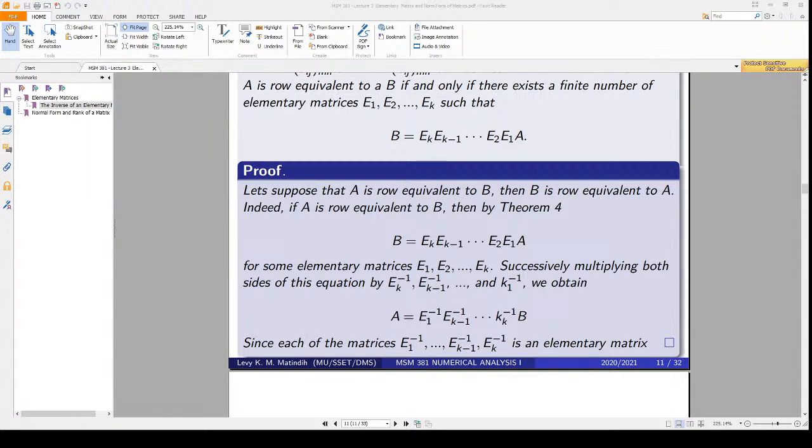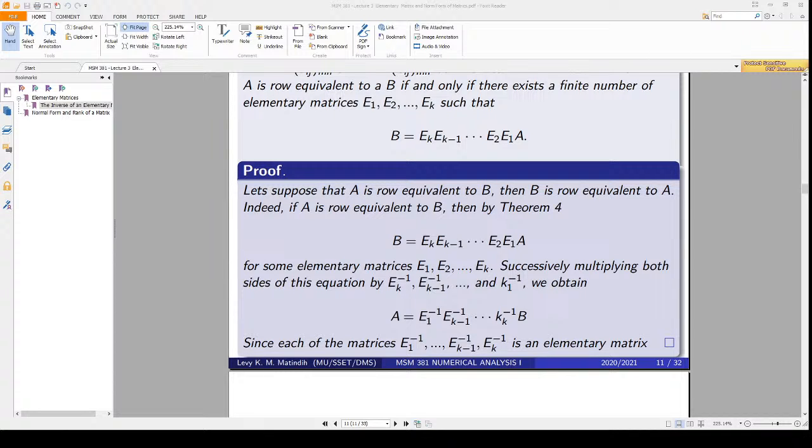Since every elementary matrix is invertible and its inverse is also elementary, the E's are invertible, and each of their inverses is also invertible. So the inverse of E1, the inverse of E2, the inverse of Ek minus 1, and the inverse of Ek are each an elementary matrix.